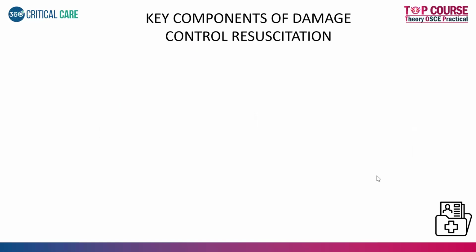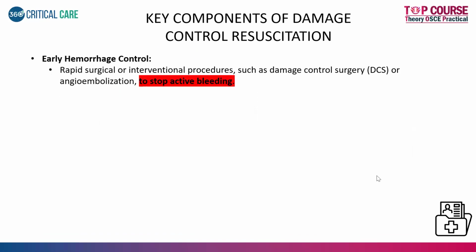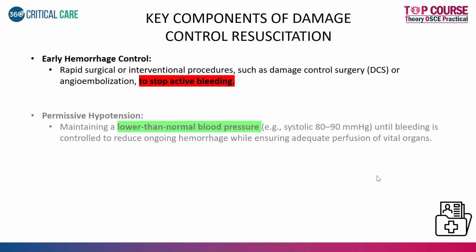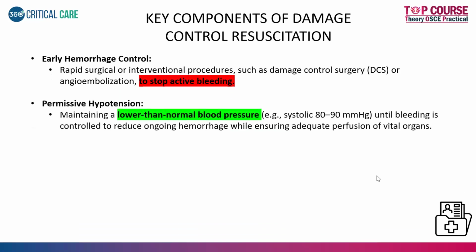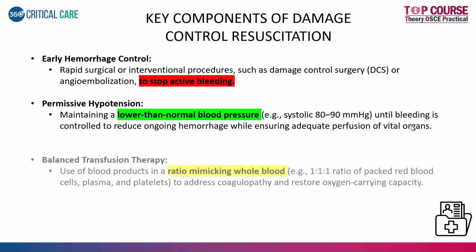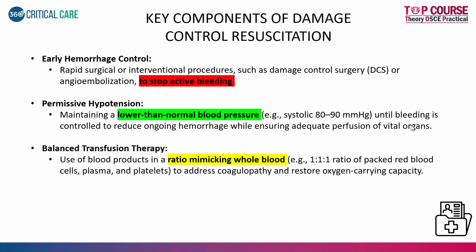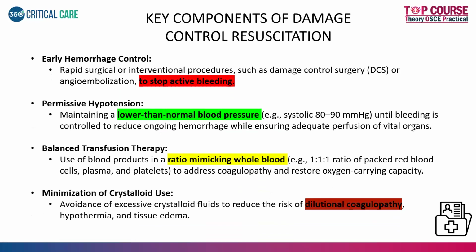Okay. The key components of DCR include early hemorrhage control to stop bleeding, and permissive hypotension to maintain a lower than normal BP, where the important thing is that you have to maintain adequate perfusion to vital organs, not jeopardizing them. Balanced transfusion, that is the ratio given to us by the PROPPR trial.